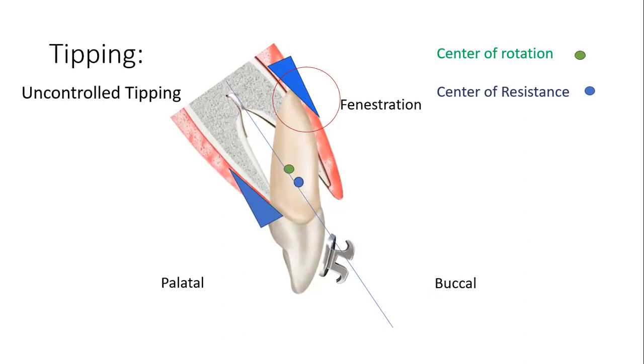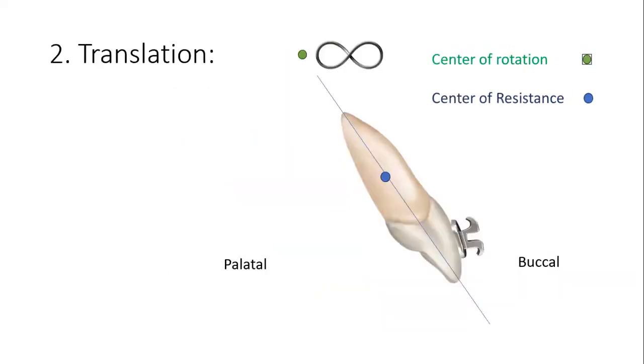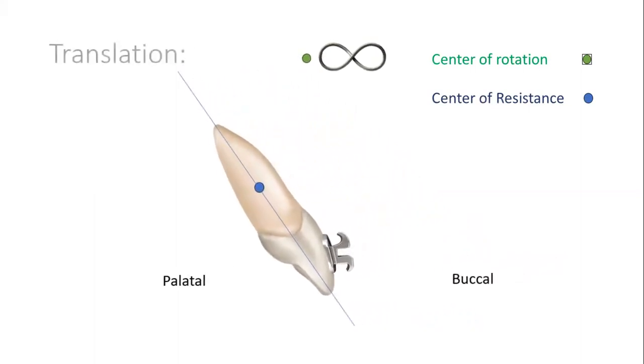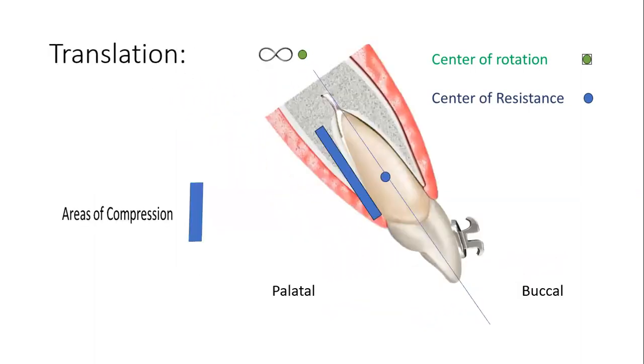Now moving to another type of tooth movement, which is translation. Here you can see that the center of rotation has been moved towards infinity. It is the bodily movement. Moving to the force distribution of this tooth movement, the areas of compression show a wider area on the palatal side.